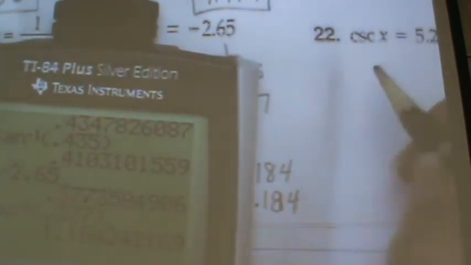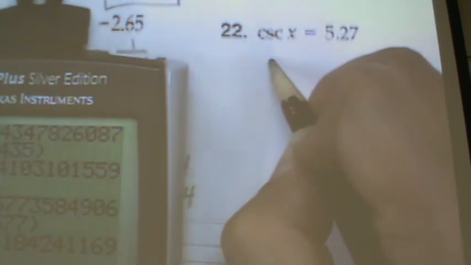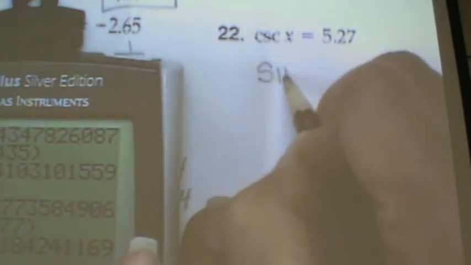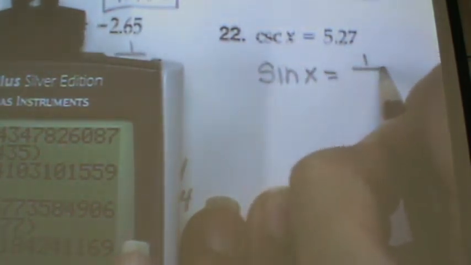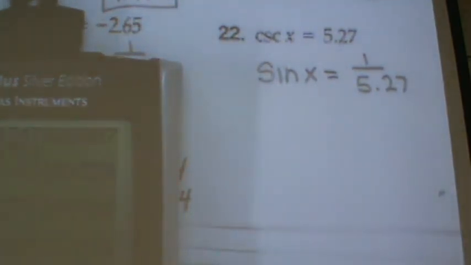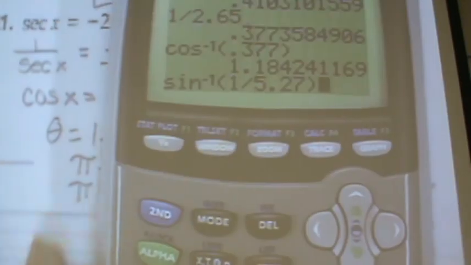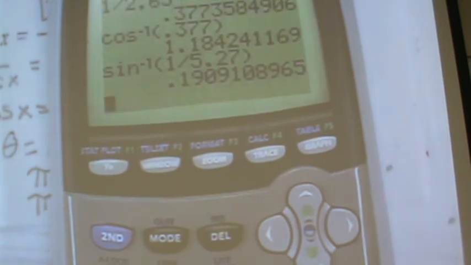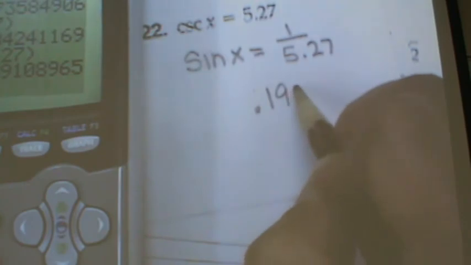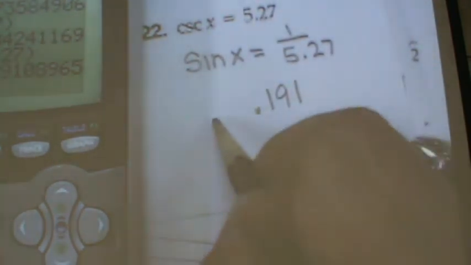And what do you do for this one? Instead of cosecant, you're going to do sine. So second sine. You get 0.191 is one answer.